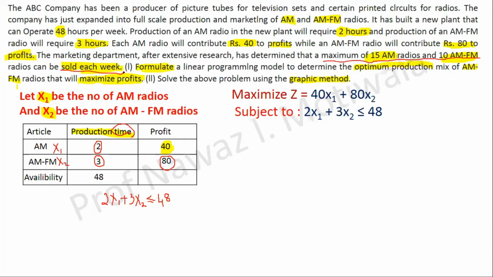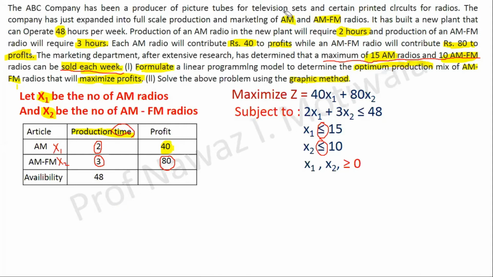Hence x1 should be less than or equal to 15, and similarly for AM/FM radios, x2 should not exceed 10. With this we have completed the formulation of the problem. One more line I will write: x1, x2 greater than or equal to 0, because x1 and x2 are the numbers of radios, which cannot be negative. Any doubts in formulation, please ask. Okay, let me proceed further.